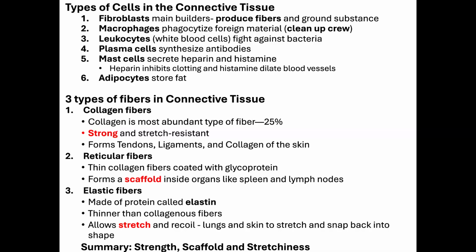So that's basically done by the elastic fibers. So we talked about strength, which is provided by the collagen fibers. We talked about a scaffold in the lymphatic organs. And we also talked about the elastic fibers, which produce that recoil.